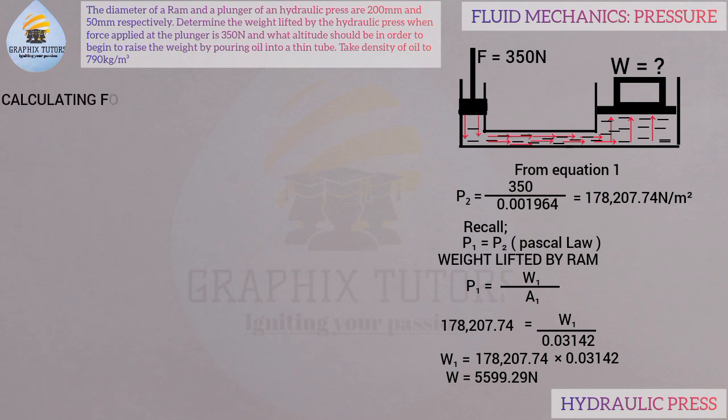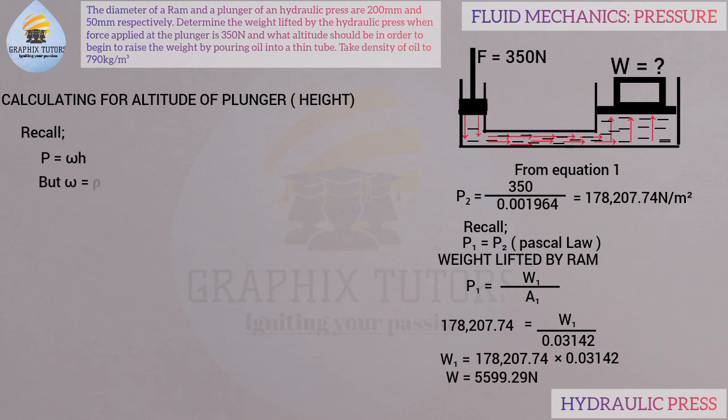So for the next question here, we're told to look for what? For the altitude, which is the height. So recall, we know the pressure intensity is equal to what? The specific weight multiplied by the height. But specific weight is density times gravity. So the pressure intensity will be density times gravity times height.